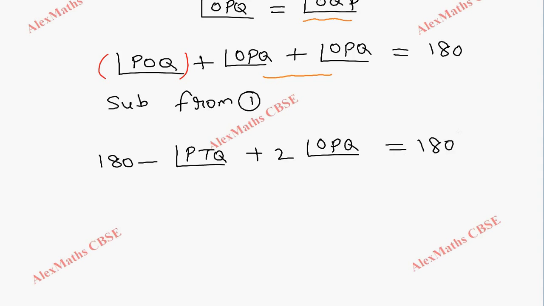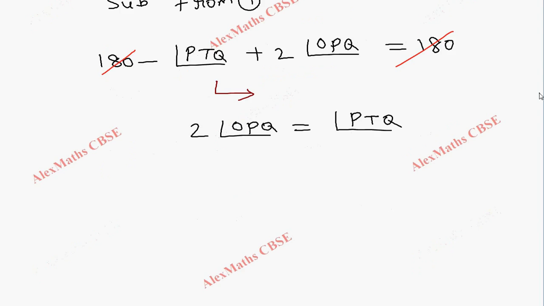We can cancel 180 on both the sides. And this negative term we can take to the other side. That is 2 times OPQ equal to angle PTQ. Just rewriting, therefore angle PTQ becomes 2 times angle OPQ.